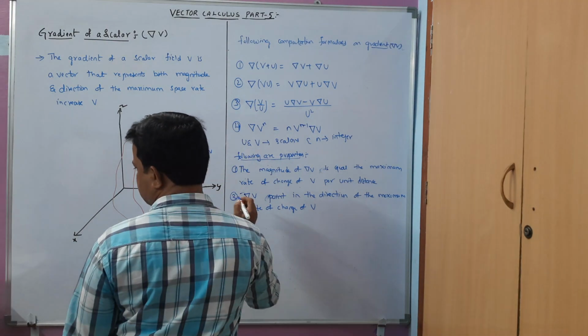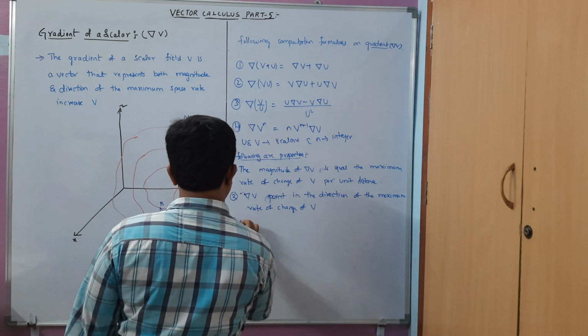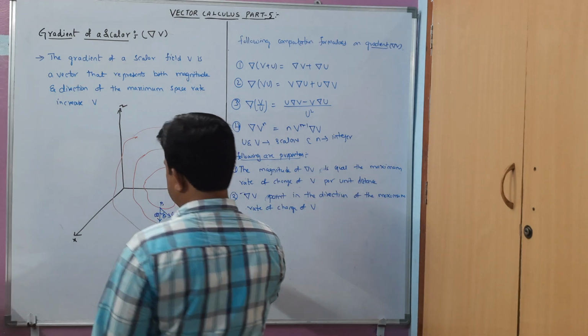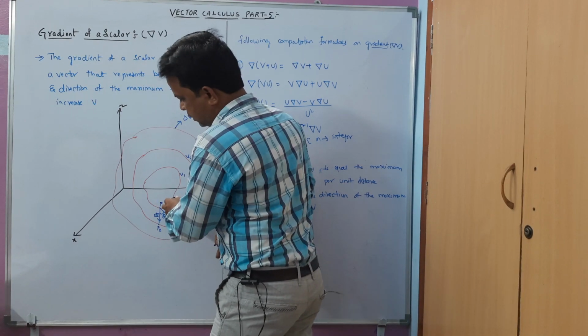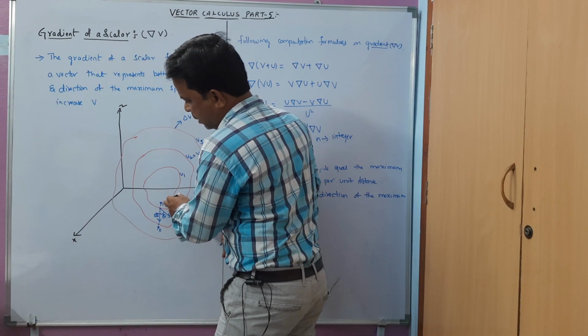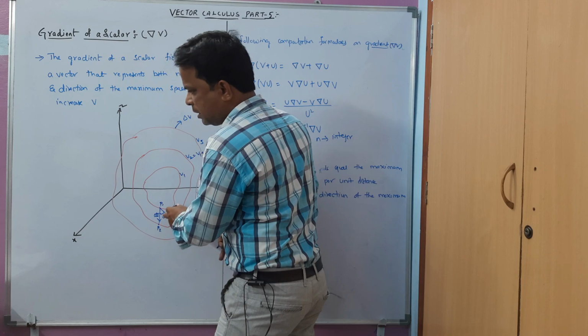And the third property is that del v at any point is perpendicular. So you can see del v is perpendicular, and the differential displacement is perpendicular between the points P1 and P2. So that is what the third point represents.